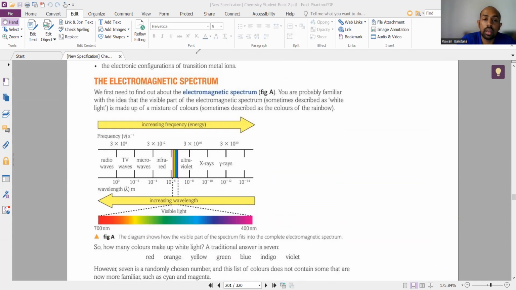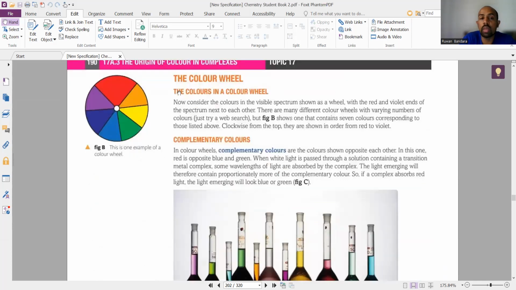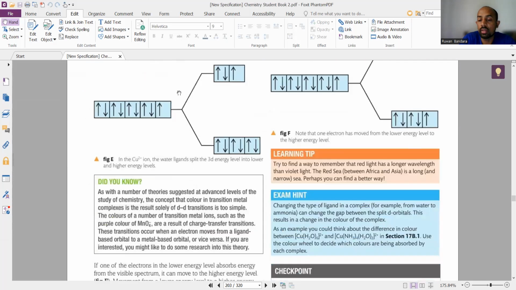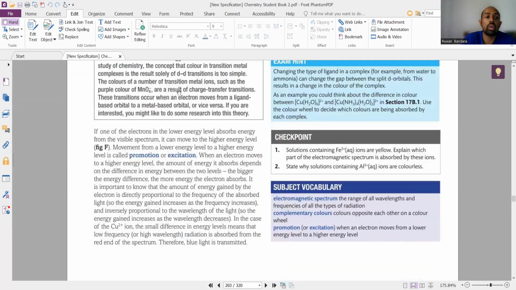And then the next question, why are aluminium 3+ ions colorless? Because there is no dd transition taking place. The color occurs due to this dd transition, no? Electron in the lower level absorbs energy from the visible light and moves to a higher level. So this process will not happen. Therefore, aluminium ions are colorless.